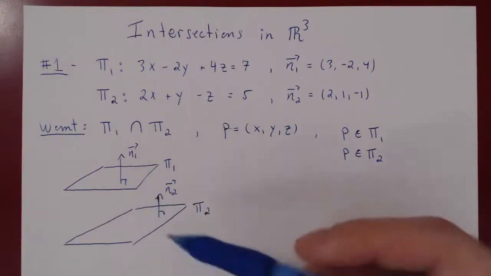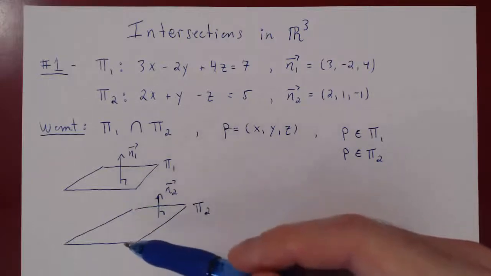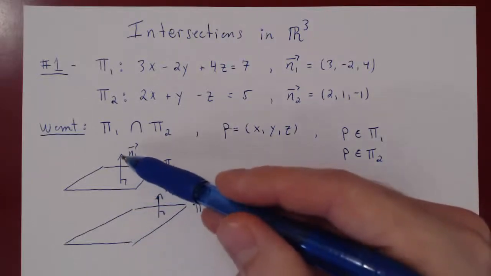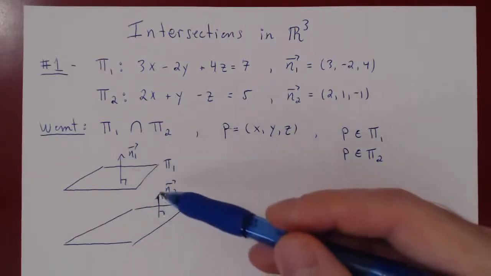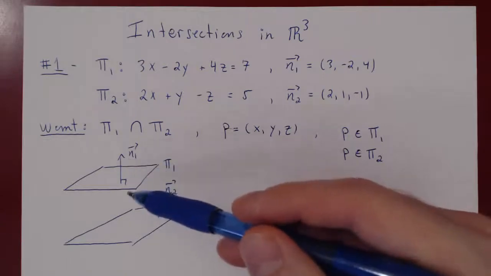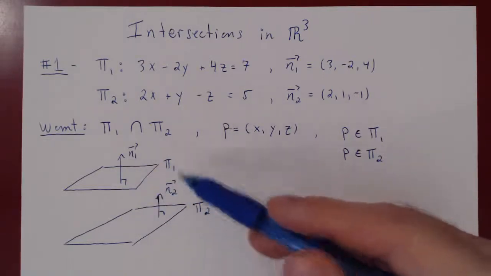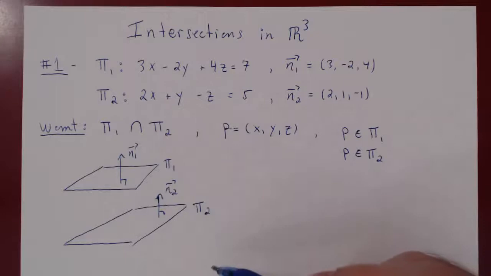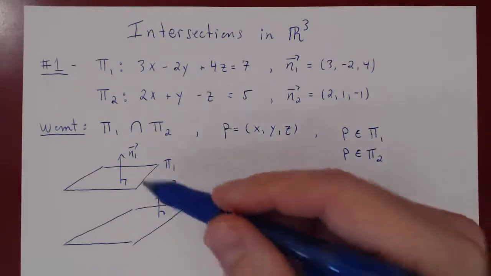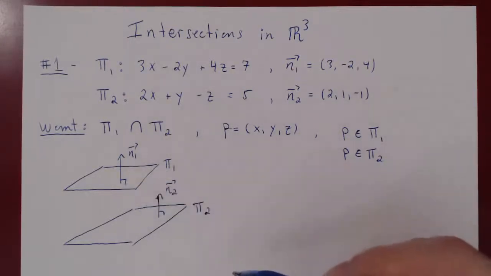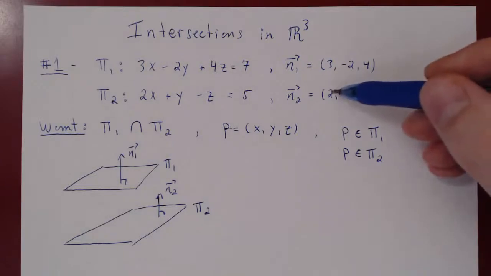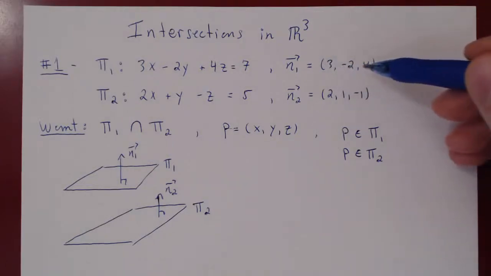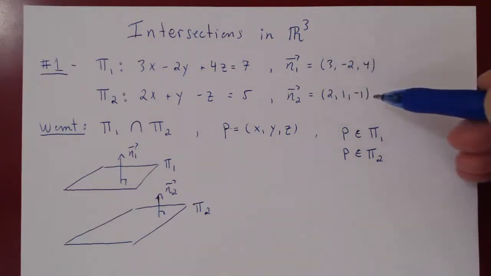But if you notice, the only way two planes can be parallel is if the respective normals are also parallel. So let's see if that's our case with these two planes. Remember, the vectors are parallel if one is a multiple of the other. Well, look at here. Is n1 a multiple of n2?